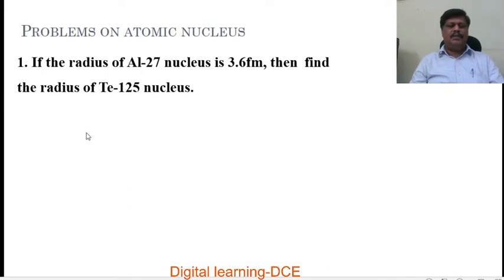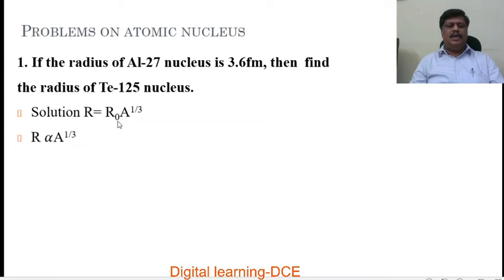The first problem: if the radius of the aluminum-27 nucleus is 3.6 fermi, then find the radius of the tellurium-125 nucleus. We know that the radius of the nucleus R is equal to R0 A^(1/3), where R0 is a constant.